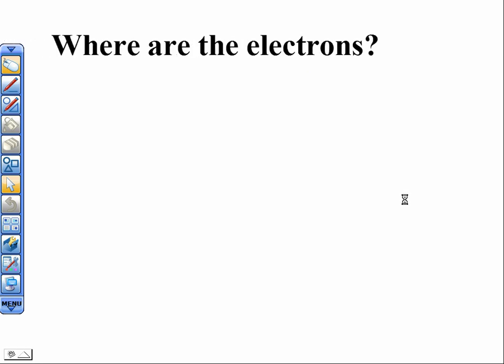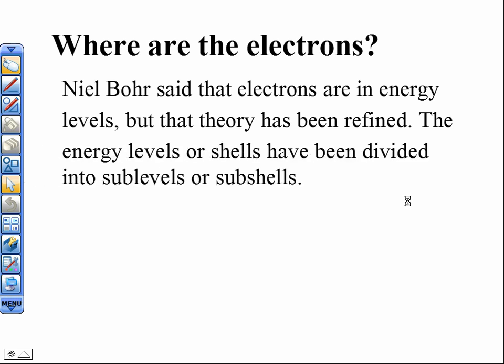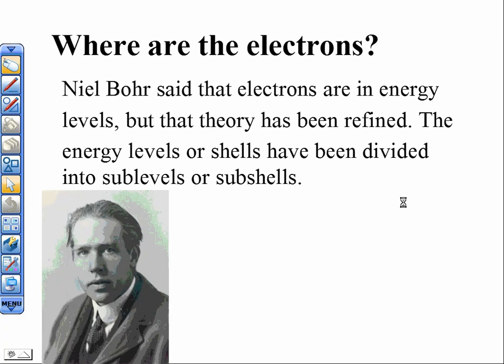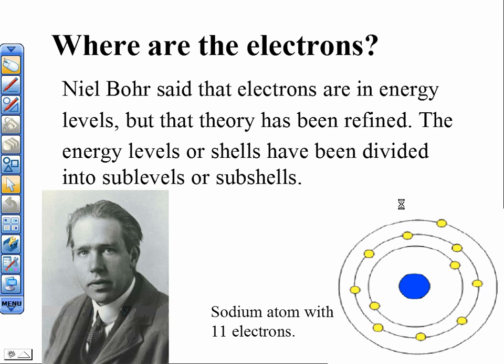Back when we were dealing with Bohr, he actually said that the electrons are in nice little energy levels, but we actually know that is a little bit more complicated than Bohr made it seem. There's not just energy levels, there's actually sublevels, and we're going to look at the sublevels and take Bohr's model and make it a little bit more refined. This is what Bohr said sodium looks like.